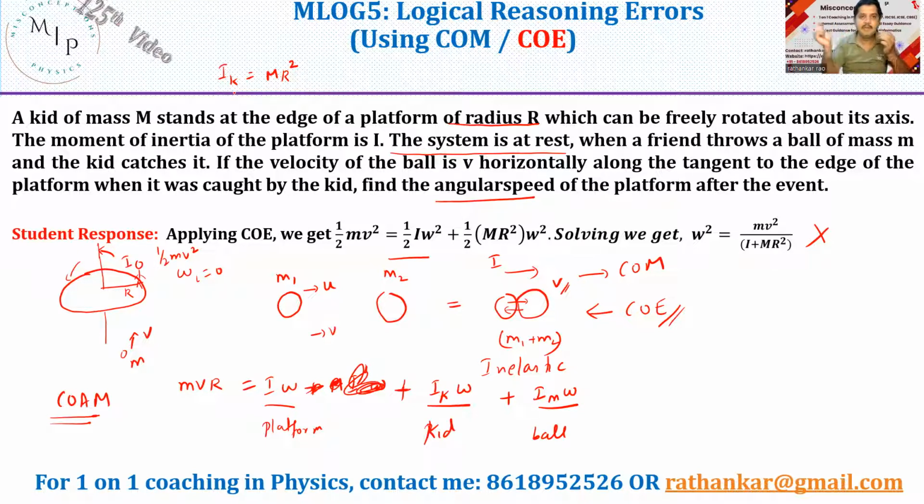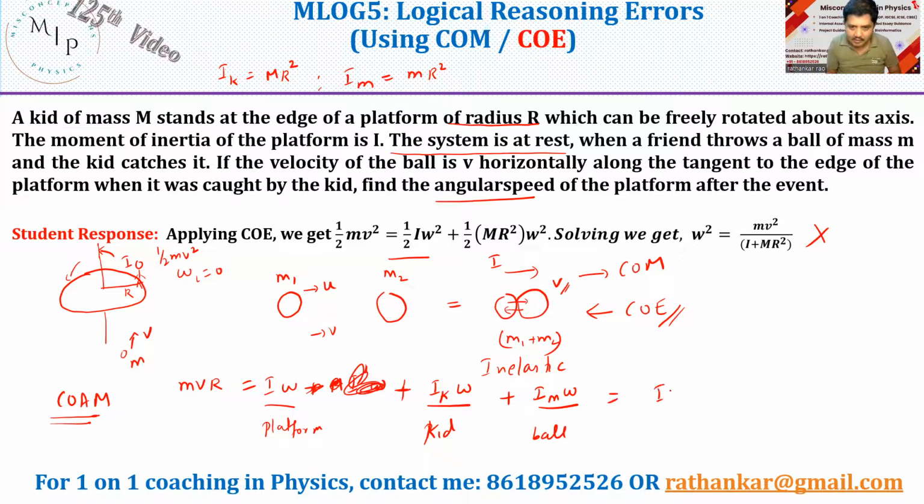Then the moment of inertia is mr square. Then I mass, what is this I mass? The mass of the ball, which is in the kid's hand. Now the ball is also rotating along with the kid, right? And thus I mass should be mr square because it's also a point particle.